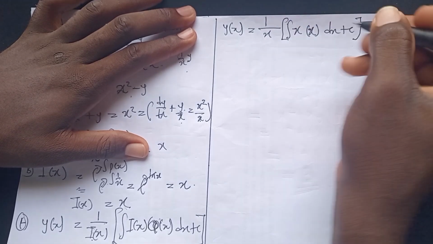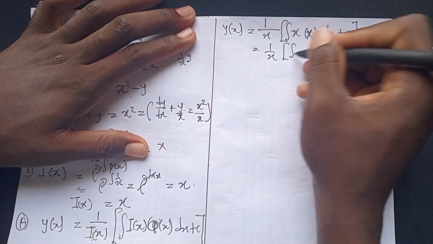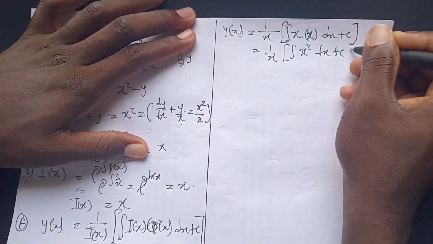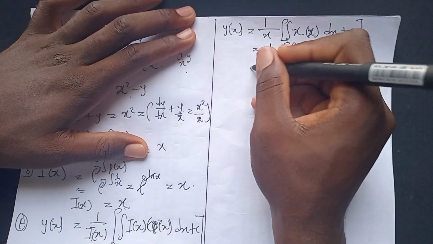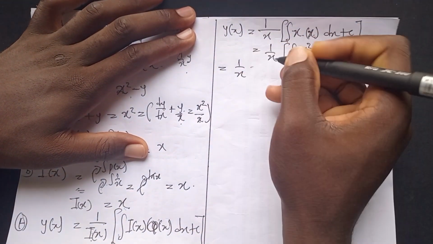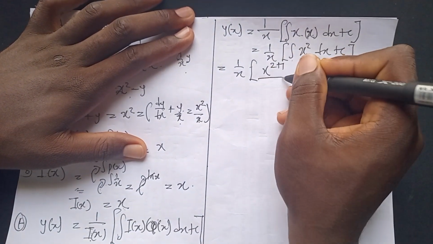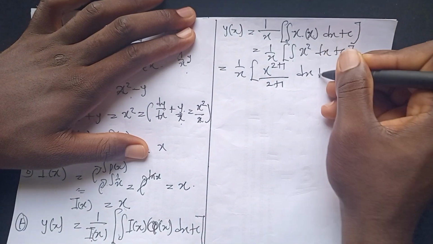So this can also be written as 1 over x times the integral of x times x, which is x squared, dx plus c. Now, the integral of x squared is x raised to 2 plus 1 over 2 plus 1, dx plus c.